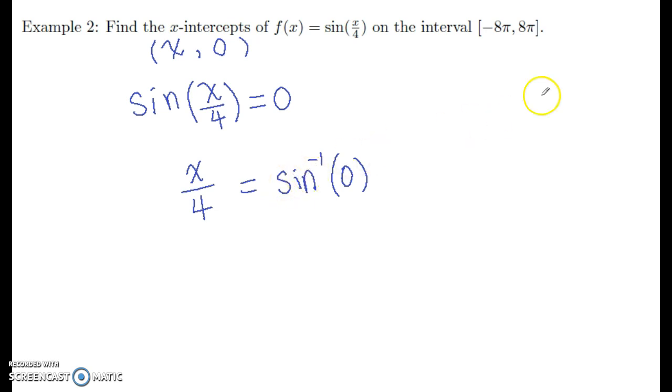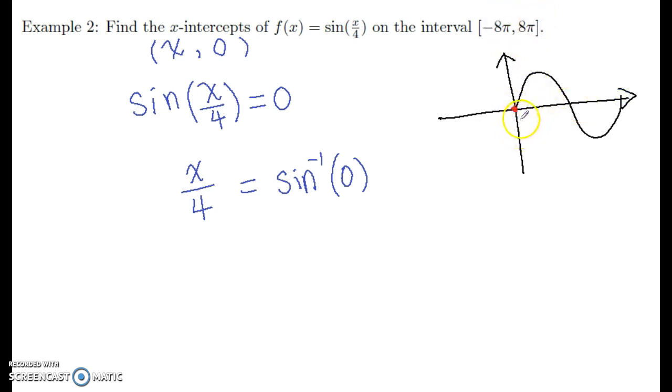So what it means? Okay, so what it means, if you look at the graph, and we are considering the entire x over 4 as the argument for now. Okay, so sine inverse of 0, so at the point 0, y equals 0, the angle is 0.